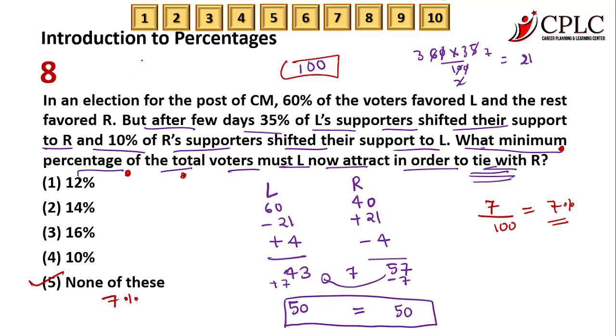Now let's say if you would have taken some other number just out of curiosity. Suppose 200 if you would have taken, everything becomes double of the previous numbers. So in the last instance also, instead of shifting 7 numbers, it would be shifting 14 numbers. But again they are asking percentage. 14 votes out of total 200 votes, which again means the same after reduction.